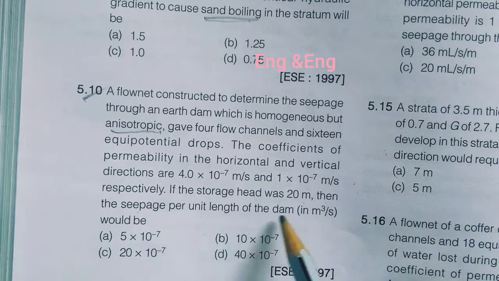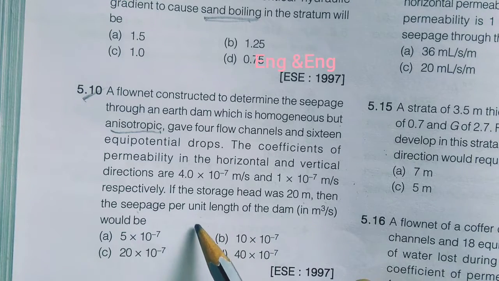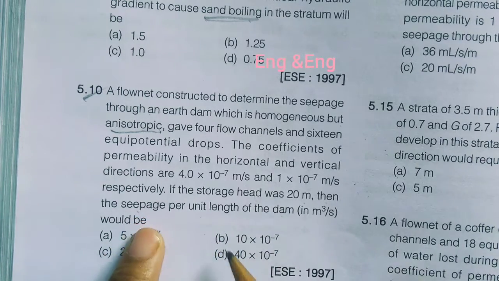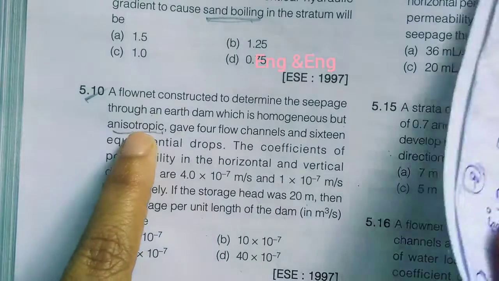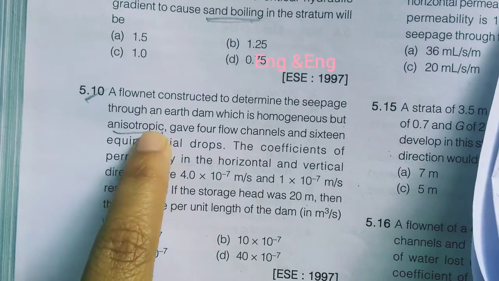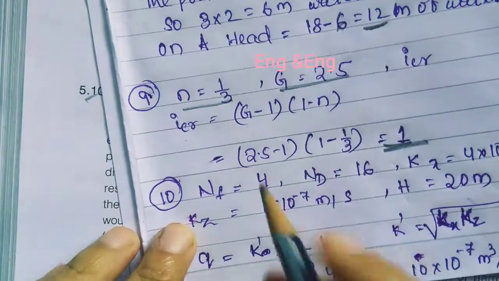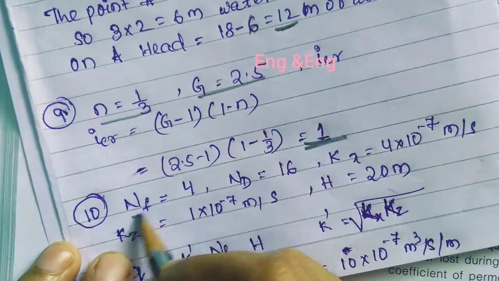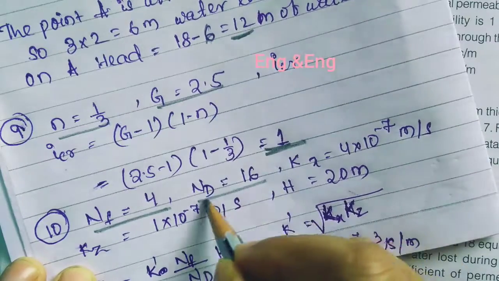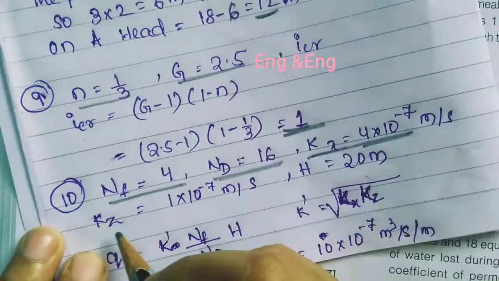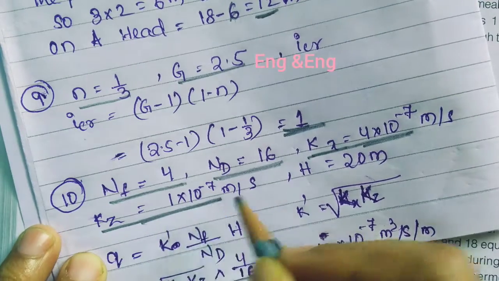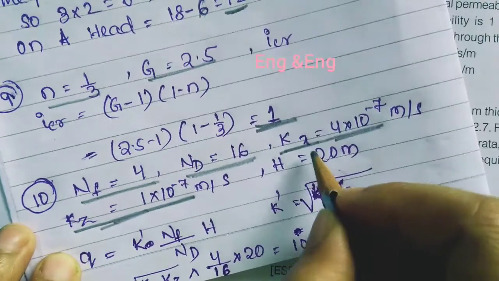Seepage per unit length of the dam means Q के वैल्यू पूछा है, टोटल सीपेज कितना होगा, टोटल डिस्चार्ज कितना होगा, Q की वैल्यू पूछा है, और गिवन डाटा दैट आवर सॉइल इज anisotropic. So in this condition, all the given data are number of flow channels is 4, number of drops is 16, and Kx permeability in the x direction is given, permeability in z direction is given, horizontal and vertical.